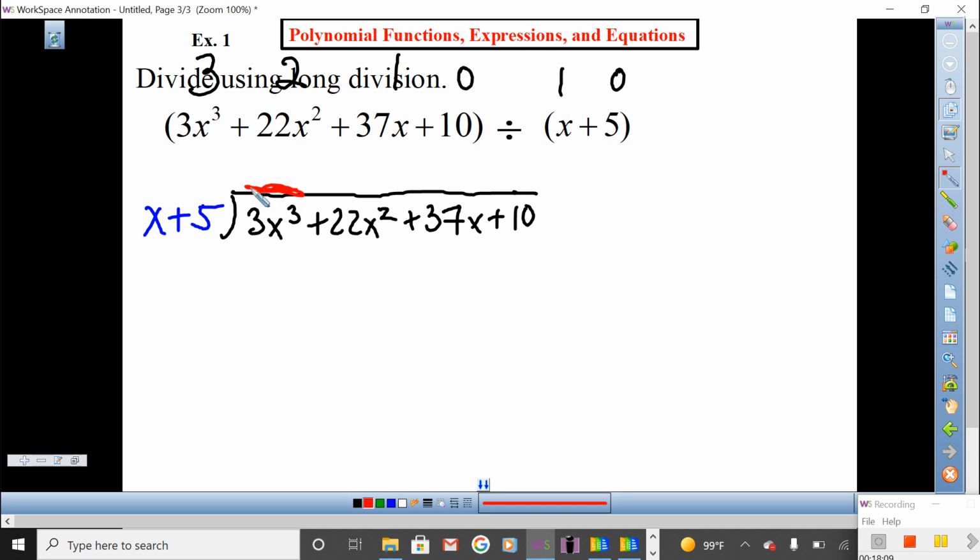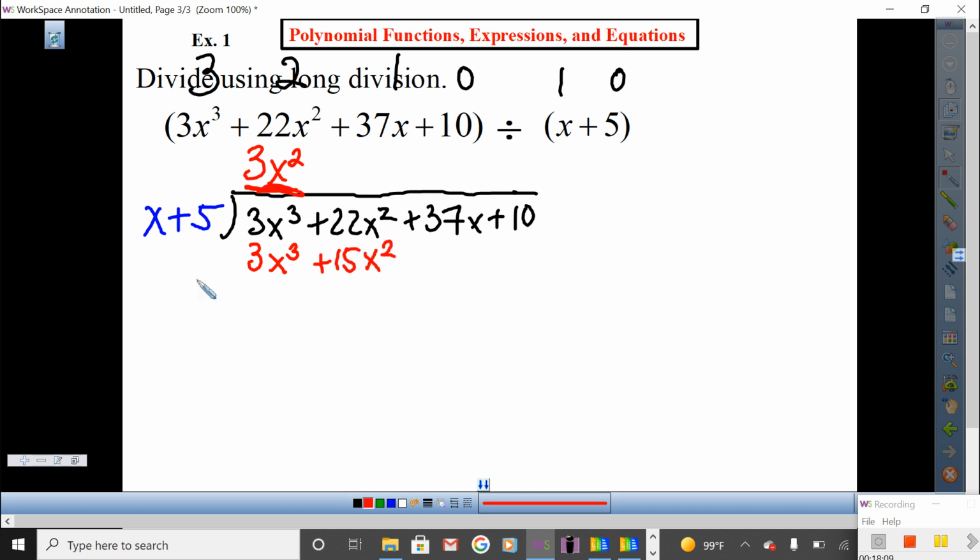What number times x gives me 3x cubed? That number is 3x to the second. You're just paying attention. I'll have you copy a little bit. So let's see. 3x squared times x, that's 3x cubed. 3x squared times 5, that's positive 15x squared.